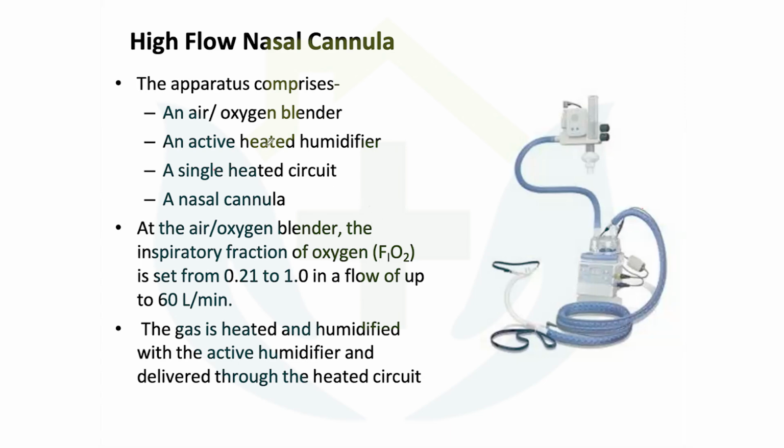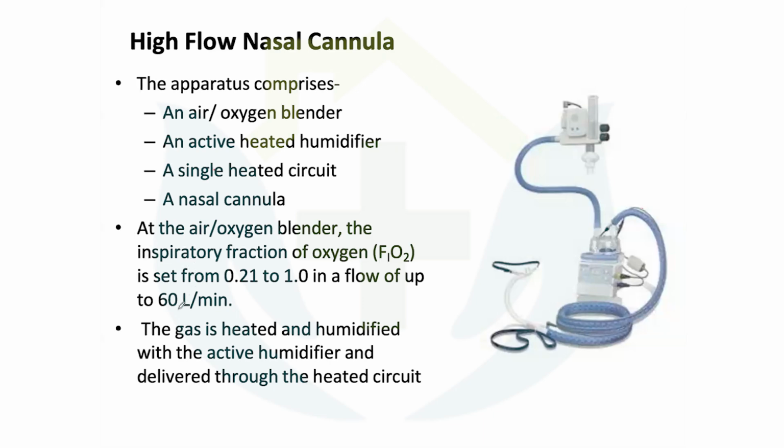Then there is an active heated humidifier, which makes humidified oxygen to prevent dryness of the mucosa, and there is a single circuit and the nasal cannula. So you can provide FiO2 from 0.21, 21% to 100%, and flow up to 60 liters.